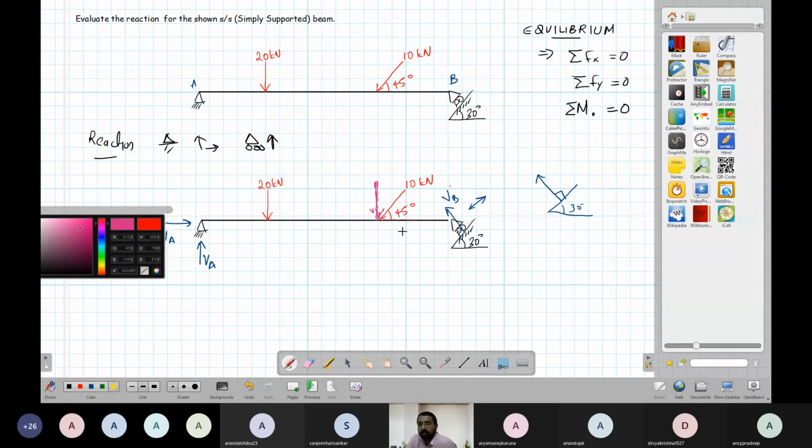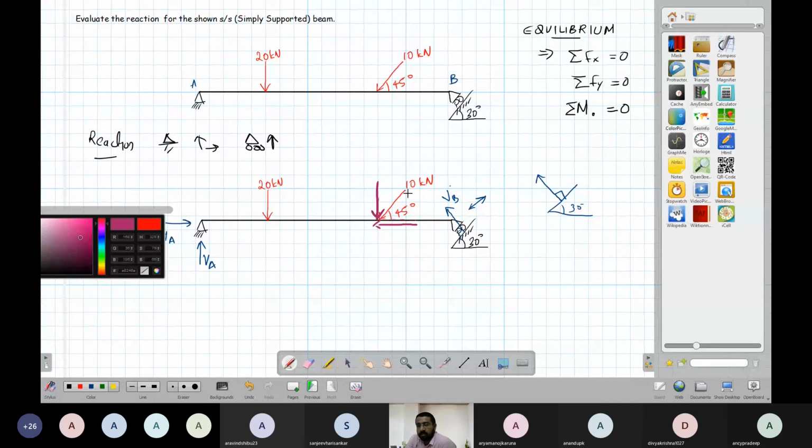Okay, and we'll also have a horizontal component like this. Okay, so these are the two components that we can have. Right. So what is the value of this?